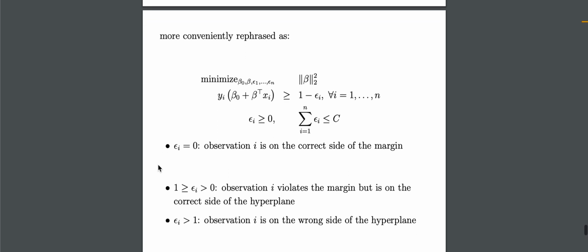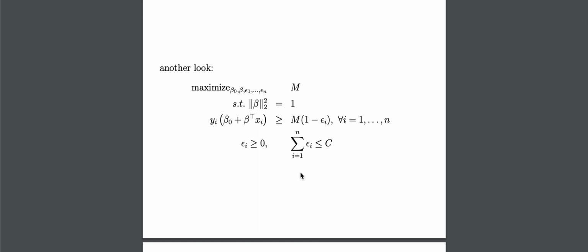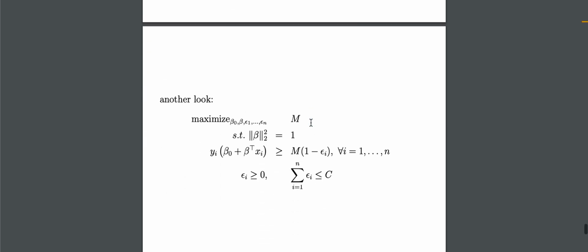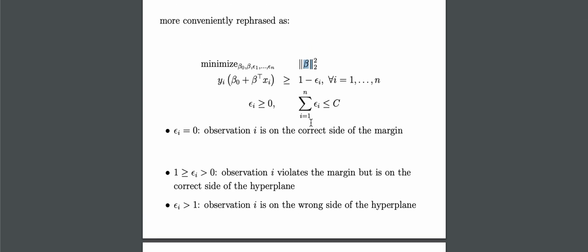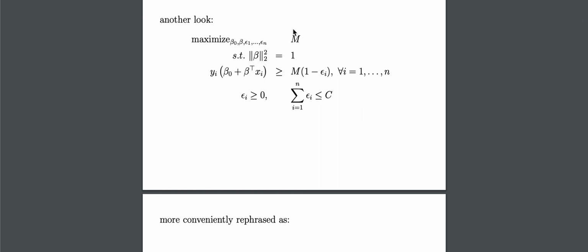So this is the original optimization problem we want to solve, right? Now, it is possible to get rid of M, and instead of maximizing M, let me say this optimization problem is over beta_0, beta, epsilon_1 to epsilon_n, right?